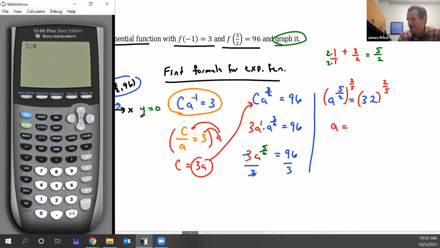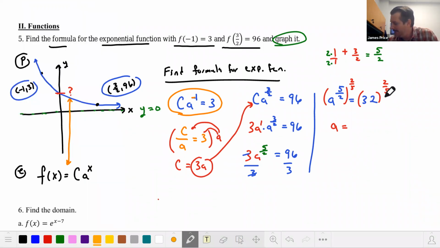Let me just show you in your calculator how you do it. You take 2 and you raise to the 2/5, and it tells you that's equal to 4. Well, of course it's equal to 4, because remember what this number means. This means take the 5th root. So that really means take the 5th root of 32. And then this number here means to square it.